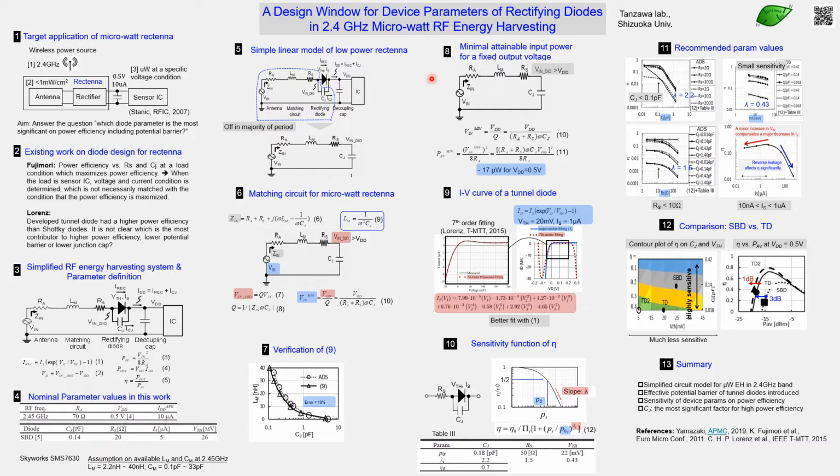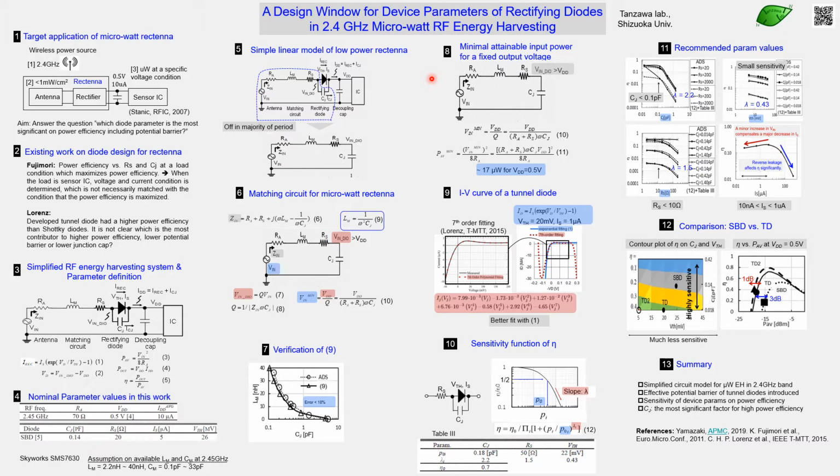This work is for 2.4 GHz microwatt energy harvesting. Especially, we focus on the rectifying diode. Rectifying diodes have several device parameters such as parasitic resistance and capacitances.